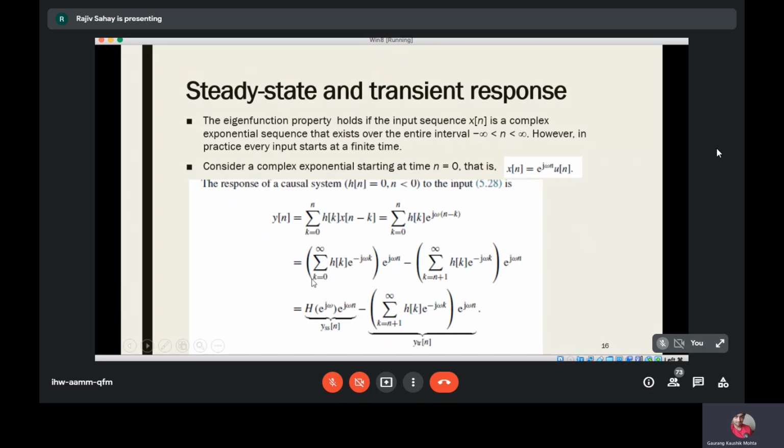This part is the Fourier transform because it goes from 0 to infinity. You can write k equal to 0 to n as k equal to 0 to infinity minus k equal to n plus 1 to infinity. So you're subtracting this part, and you will be left with summation k equal to 0 to n. Clear?